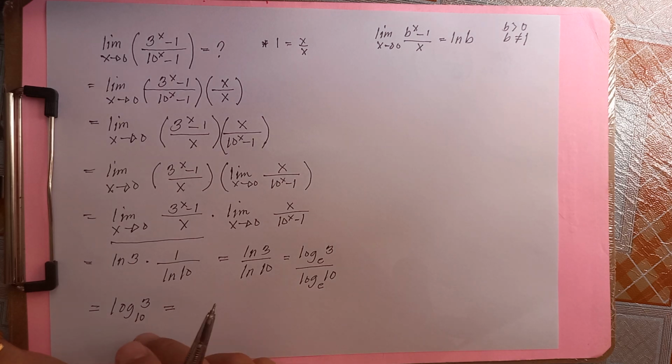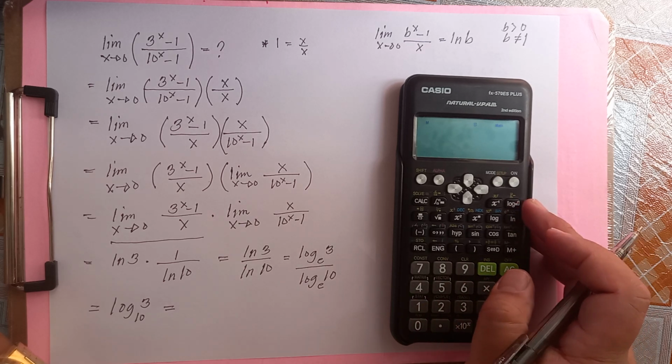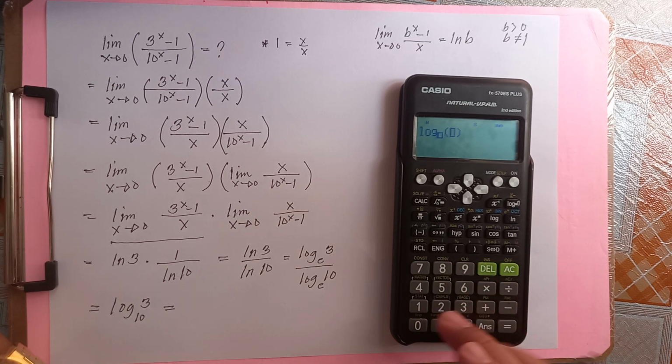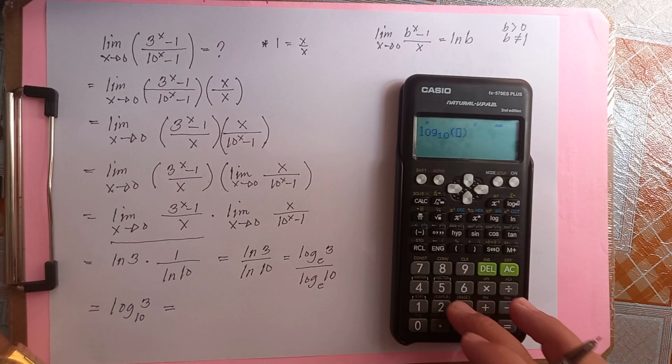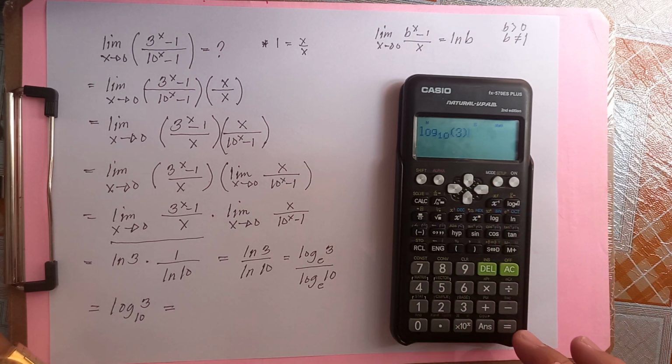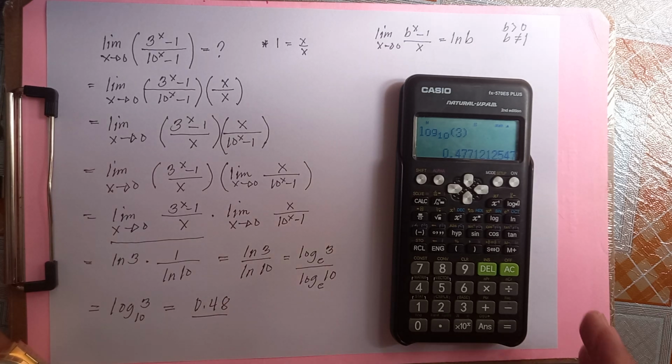To get the result of this one, we can press it in the calculator: we press the log symbol with base 10, then 3, and then the equal sign. It will give you 0.48.